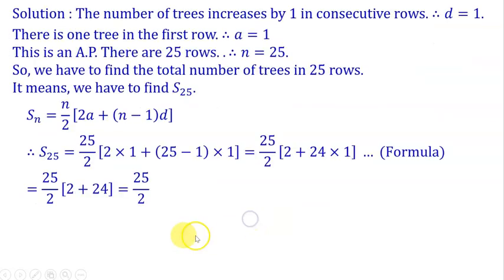Now see this here. Therefore the formula is Sn is equal to n upon 2 in bracket 2a plus n minus 1 bracket complete into d. n is replaced by 25, a is replaced by 1, and d is 1.